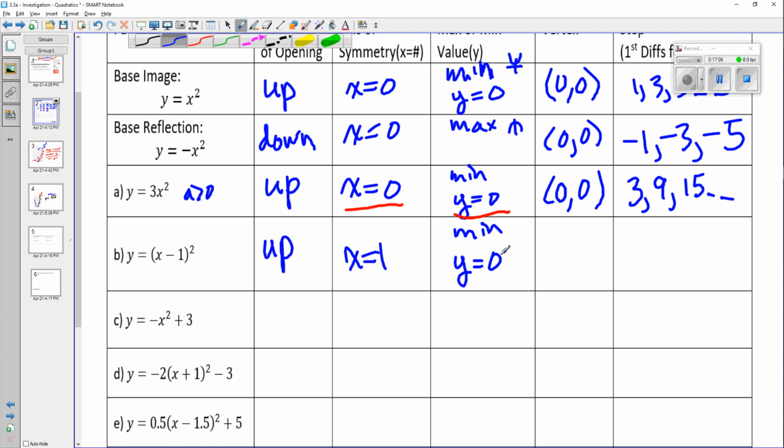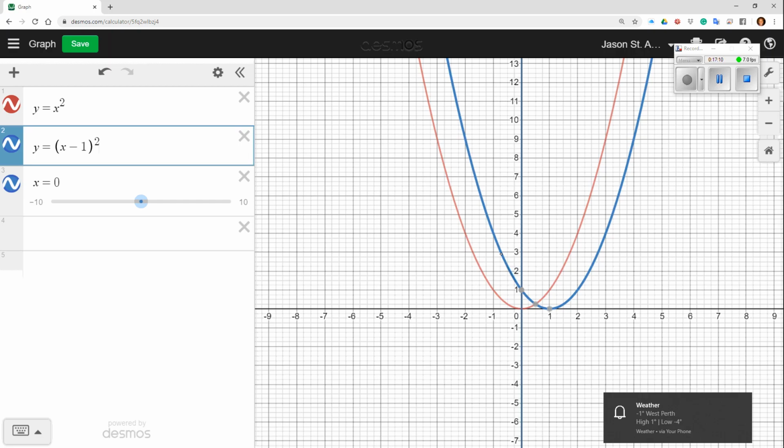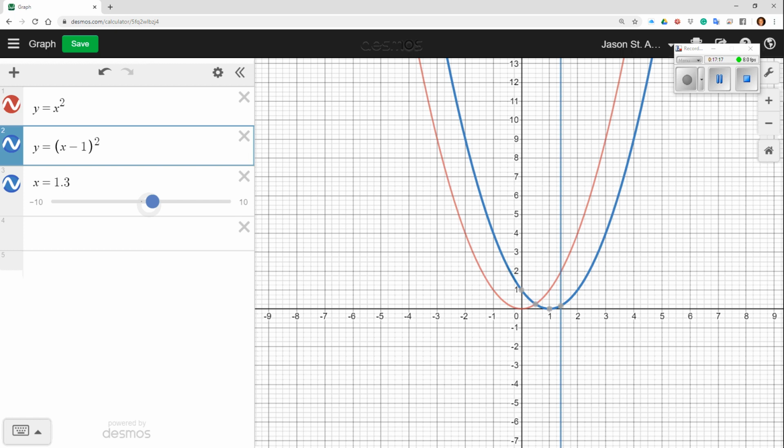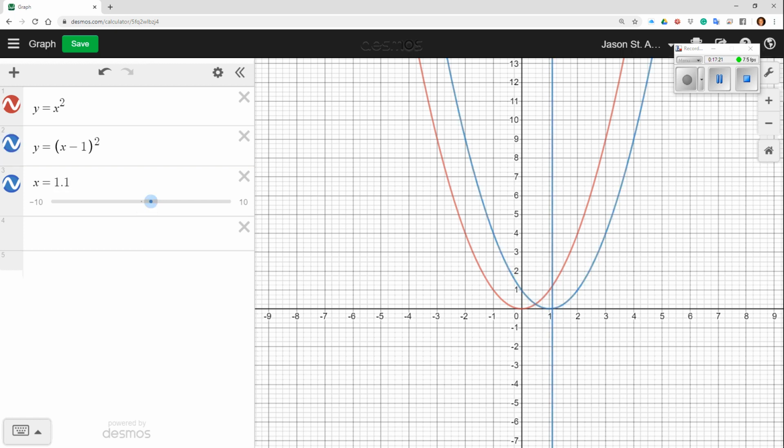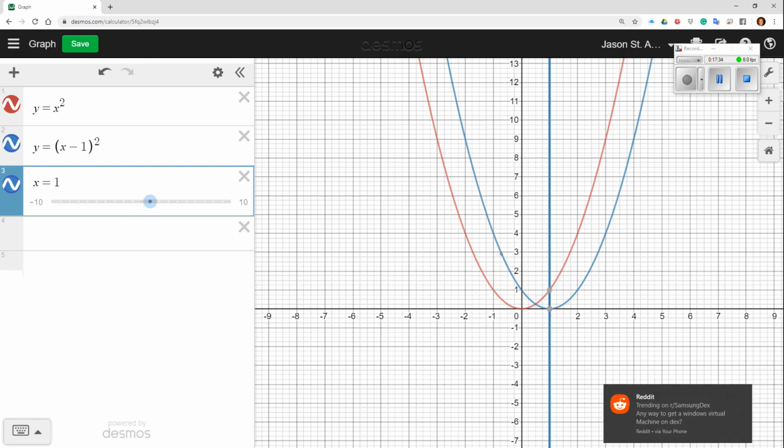So let's quickly take a look at our graph. Just like we said, when we moved our graph to the right, we moved it 1, and its axis of symmetry is, sorry, its axis of symmetry is now 1.